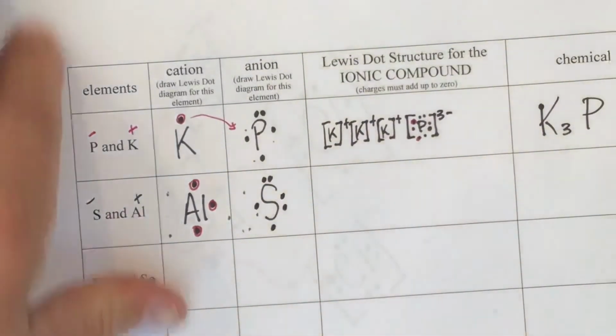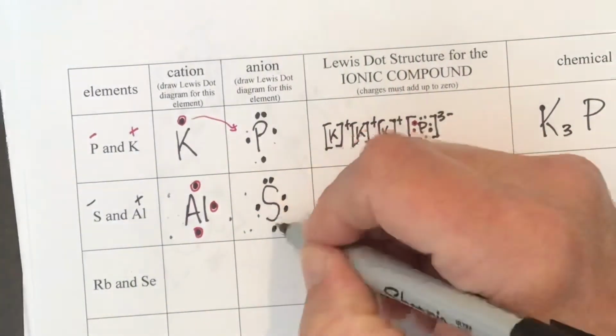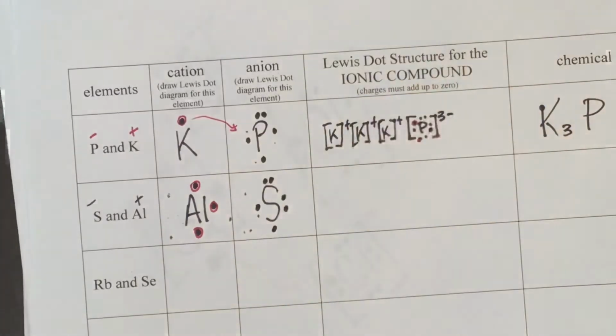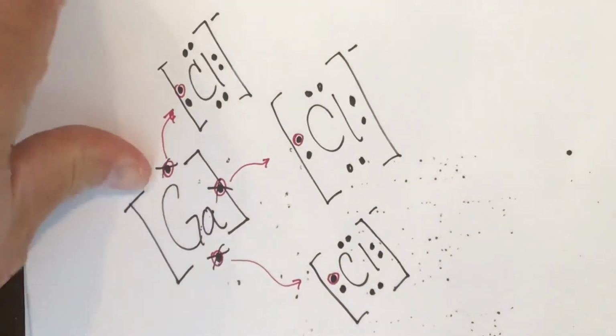Sorry, some of the marks have bled through from the other side over there. Try to ignore those. That's not an electron. That's just a mistake there. All right, so I'm going to go over to the paper here to draw this one because it gets pretty complicated. Oh, look at all those dots. All right, so here we go.